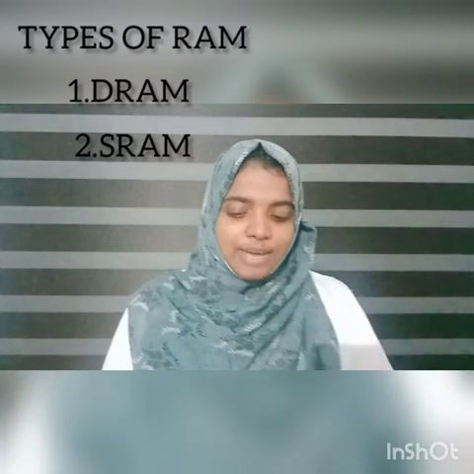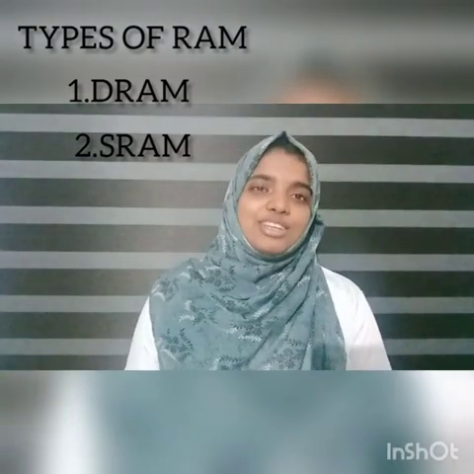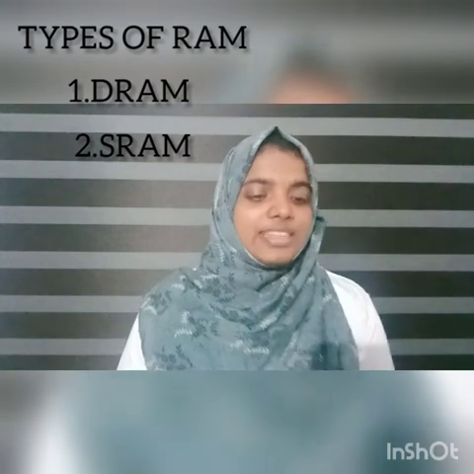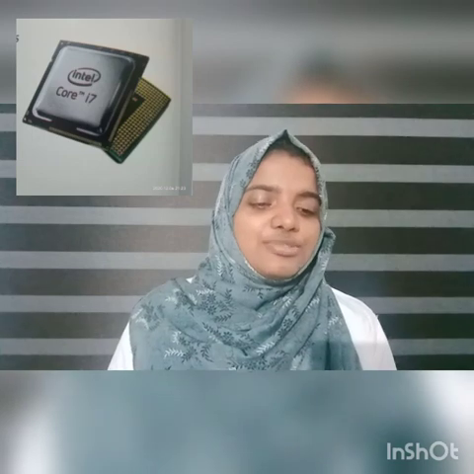Then, coming to the third component of the CPU, that is the microprocessor. A microprocessor will be there in all types of computers, and it is an electronic component used in the computer to do its work. Without a microprocessor, we cannot work a computer. It is a small chip. See, this is a microprocessor, children.